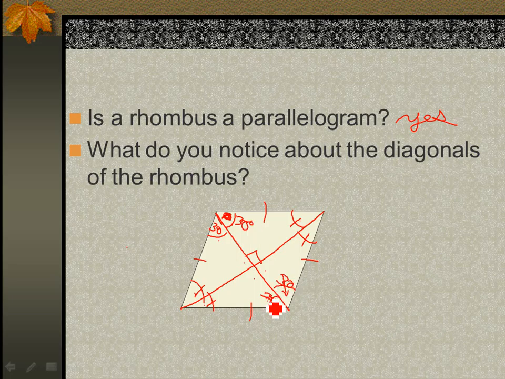These are 30. What would these two have to be? 60 and 60. And then Brian already said, what kind of triangles are these? 30, 60, 90. And we're going to talk about 30, 60, 90, and 45, 45, 90 triangles again, and we'll write that down here in a few minutes.